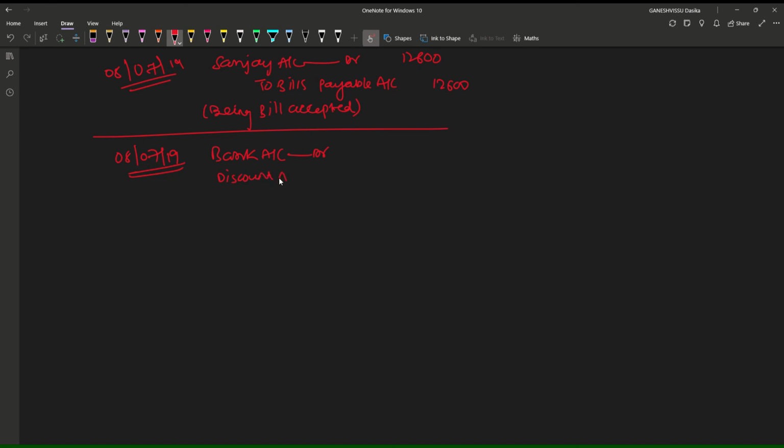So discount account debit, to Sanjay account 2,220, 180 rupees is the discount, and 3,000, which is total amount of 2,400. Okay, 2,400 is the amount received.